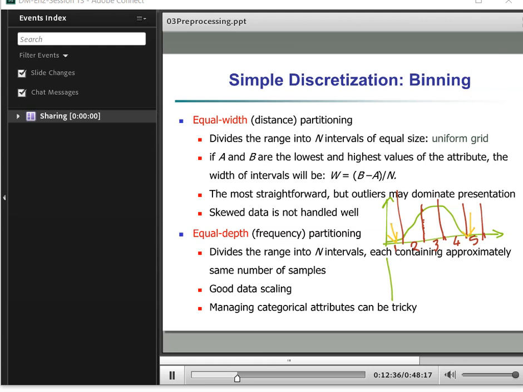But when we are talking about equal depths, that means that I should create some bins with an equal number of items.